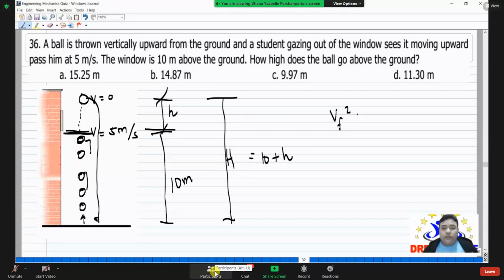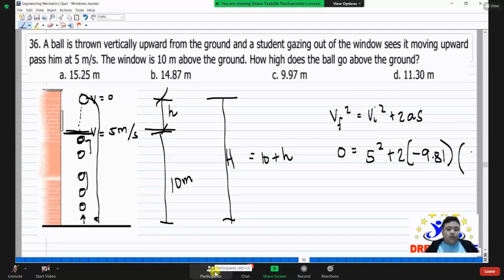So, therefore, VF squared is equal to VI squared plus 2AS. So, 0, ma-reach nyo yung pinakamataas. So, that is equal to 5 squared plus 2 times, since pataas yung motion, nagde-decelerate siya ng 9.81 meters per second squared multiplied by yung height na naaabot niya.